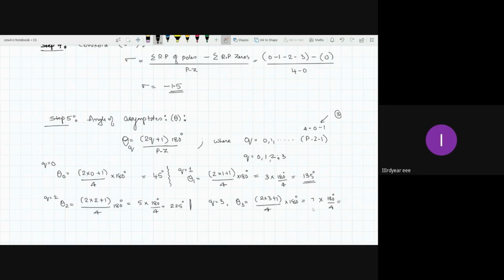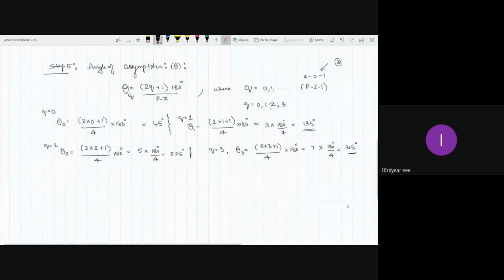So 45 into 7, 315. Okay, so these are the asymptotes.